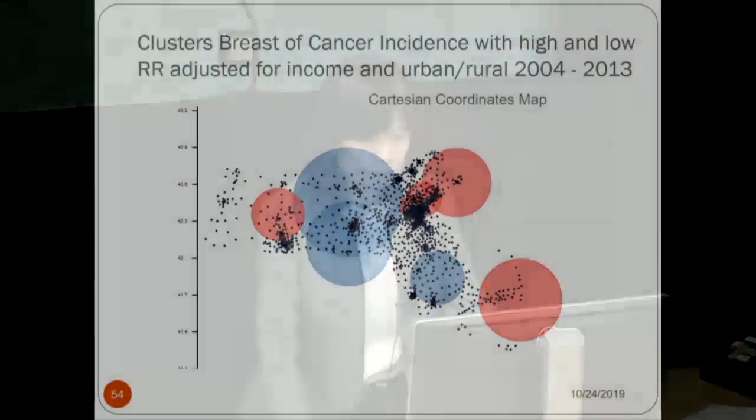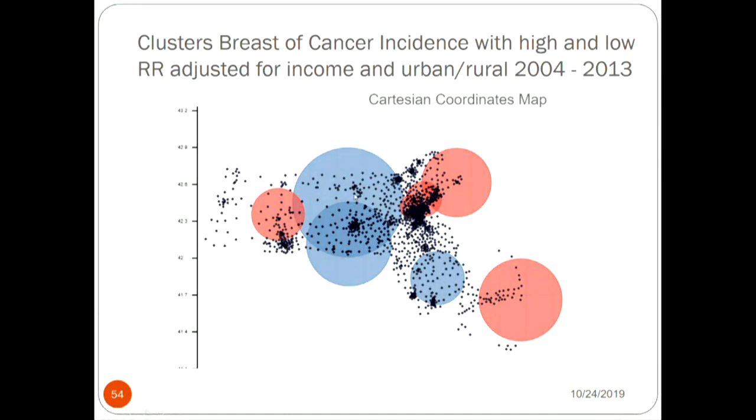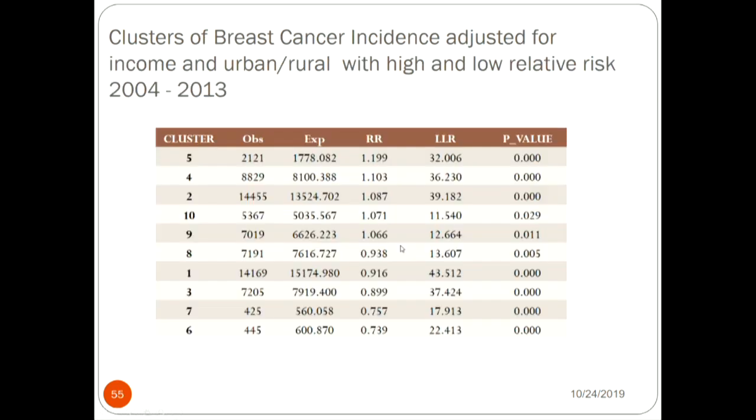So those blue circles represent the lower value of the relative risk in the study region. Here I list both high and low relative risk. These are quite low relative risks, with significant p-values as well.